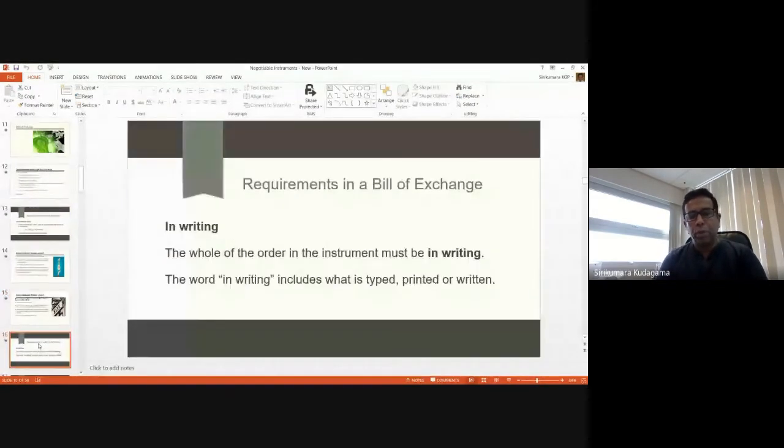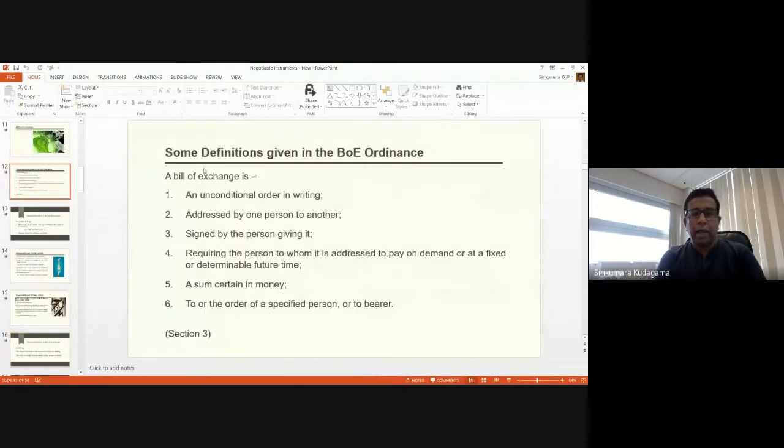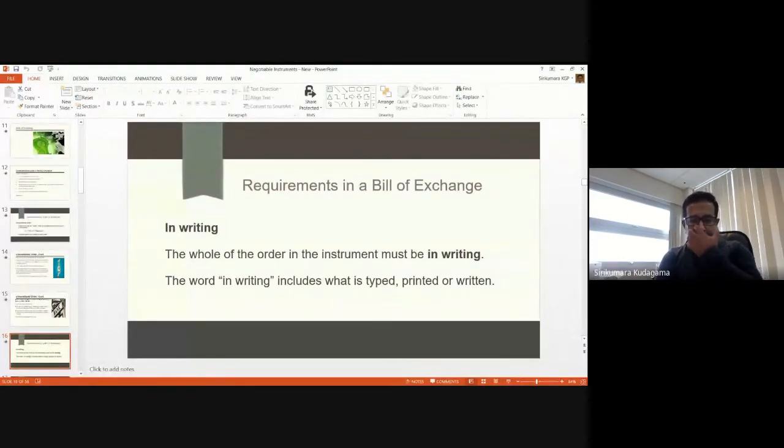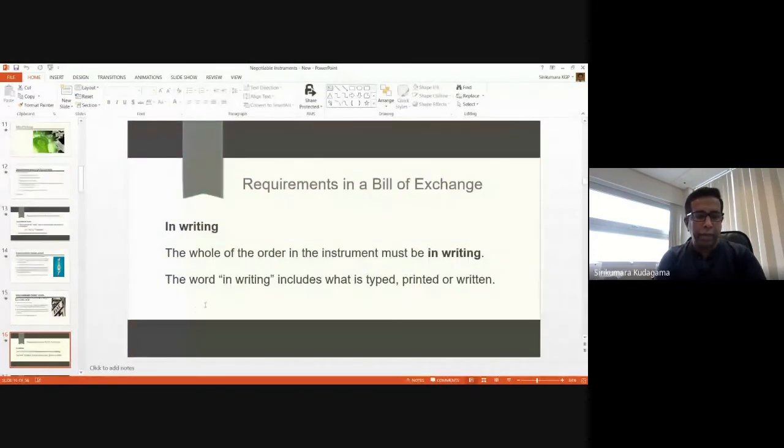And also, this thing needs to be in writing. You may remember an unconditional order in writing. It's there in the first element itself. What does it mean? The whole of the order in the instrument must be in writing. The word in writing includes what is typed, printed, or written.